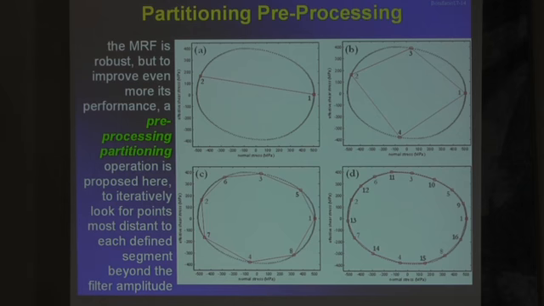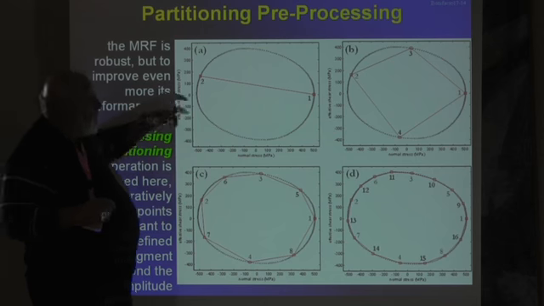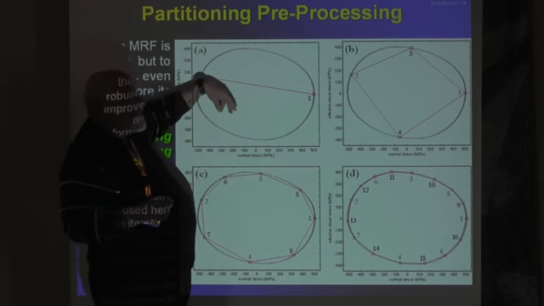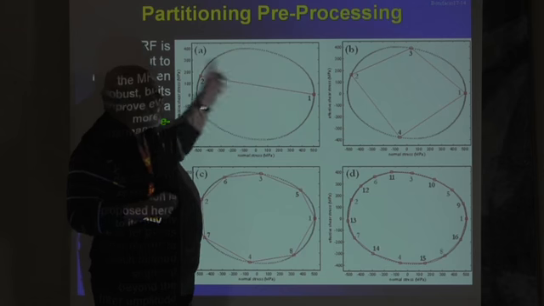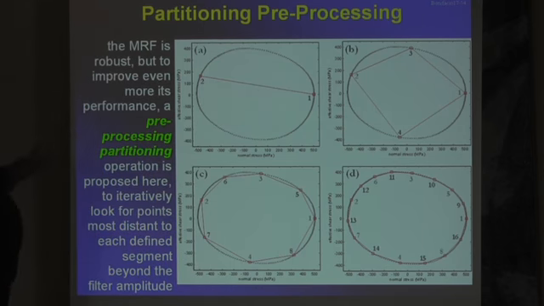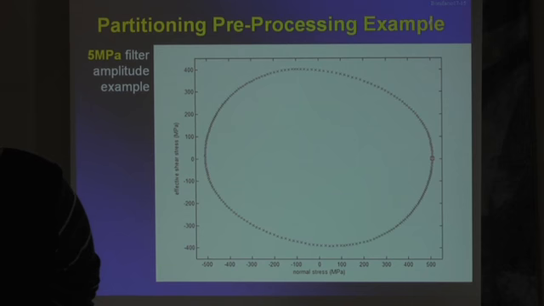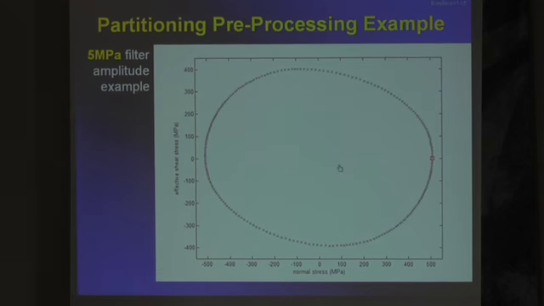The idea is to pick up the starting point and the end point of the history, and then in sequence try to find in the load history the most distant point from the connection between the start and the ending point. I'm just illustrating here how to do that. I'm going to show in the next slide how this works, and I hope everything goes well.